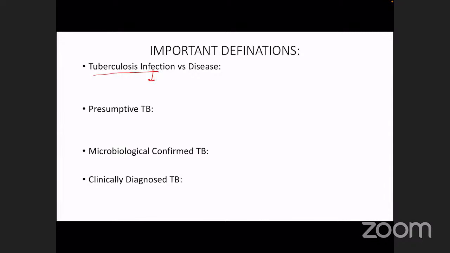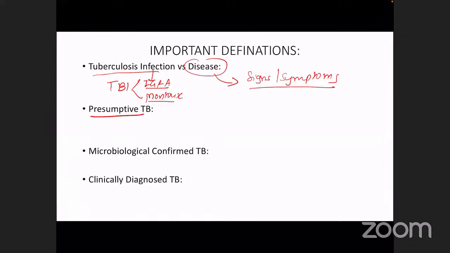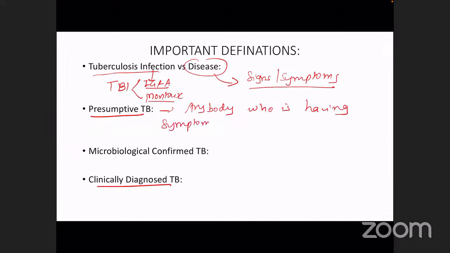After this, it's very important to understand the difference between presumptive TB and clinically diagnosed TB. Presumptive TB is anybody who is having symptoms suggestive of tuberculosis. I hope everybody knows the four symptom complex of tuberculosis.